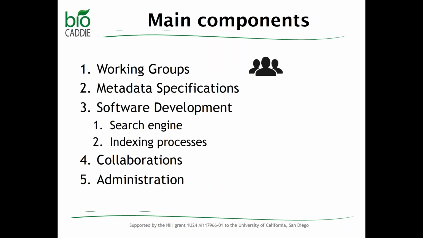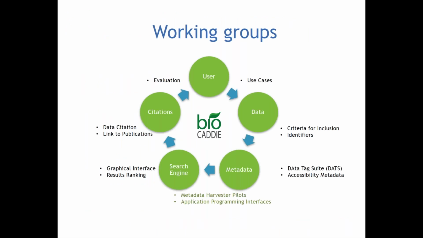In terms of the working groups that I talked about, they are a fundamental piece of Biocaddy. They relate to use cases. That's how we elicited use cases through working groups, defined criteria for inclusion, defined how we will deal with identifiers, defined the metadata specifications, and what the graphical interface would look like, usability testing, and so on, and importantly also data citations and links to publications.